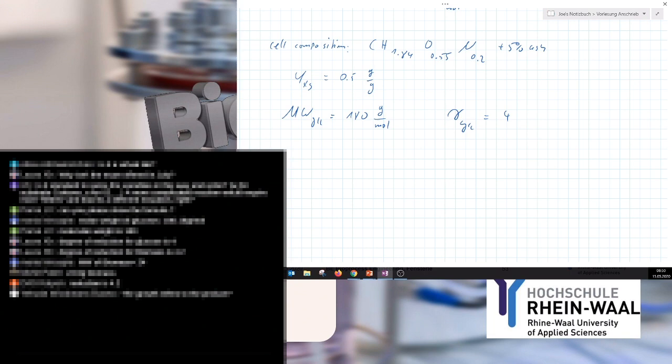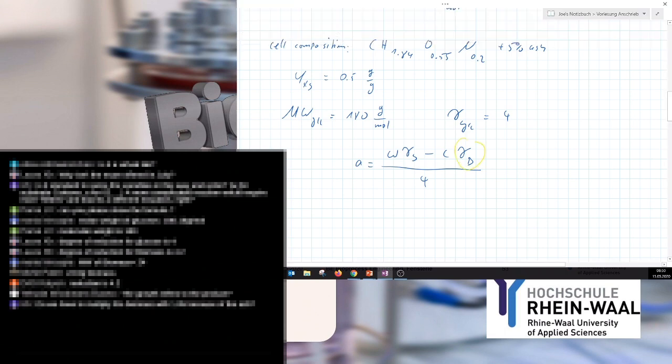But to do that, you remember the equation for the oxygen demand. A is equal to the degree of reduction of our substrate minus C-fold degree of reduction of biomass. The product is not formed here, divided by 4. So we need to calculate the degrees of reduction.